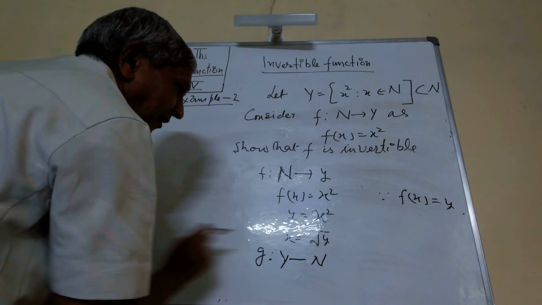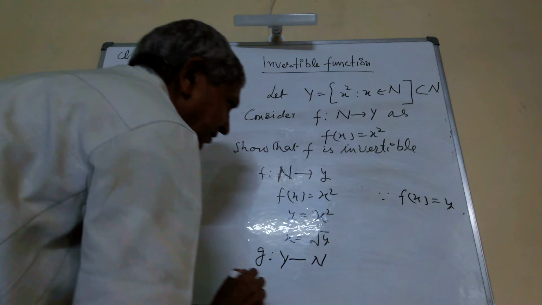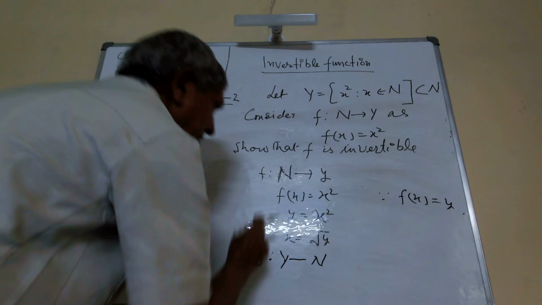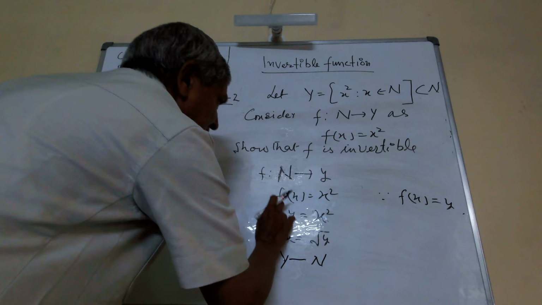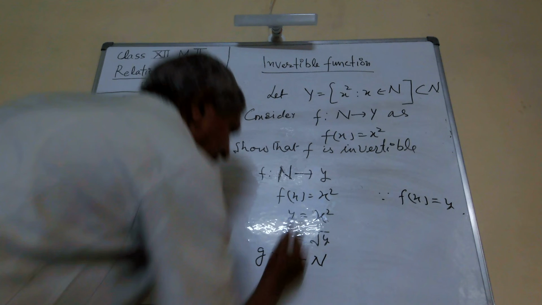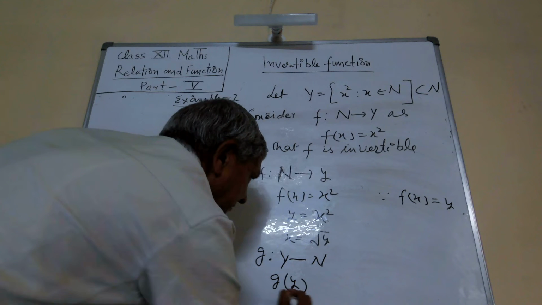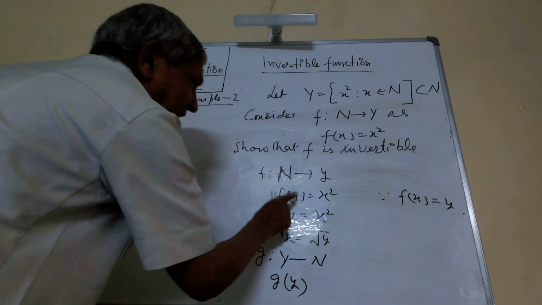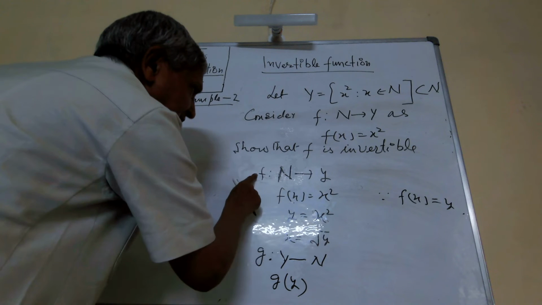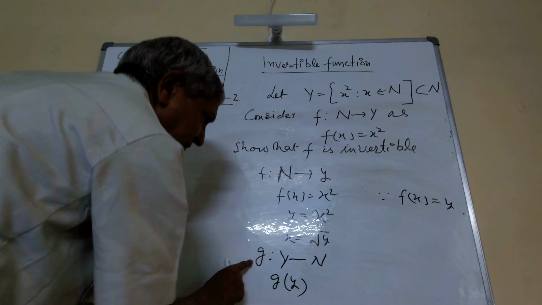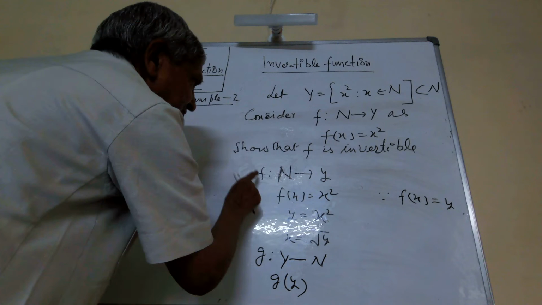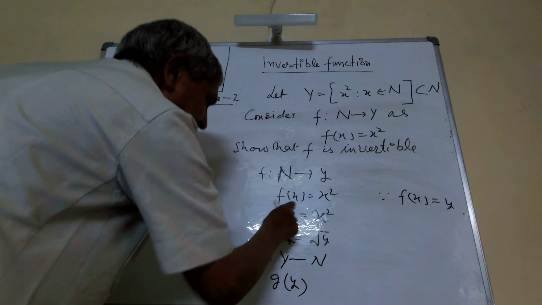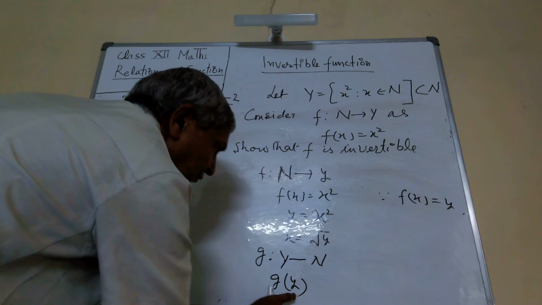We have to prove, and the condition is, in this condition f x, in this condition g y. Mind it. In g function g y, in f function f x. This function in x and this function in y, because in f, x is dominant and in g, y is dominant.